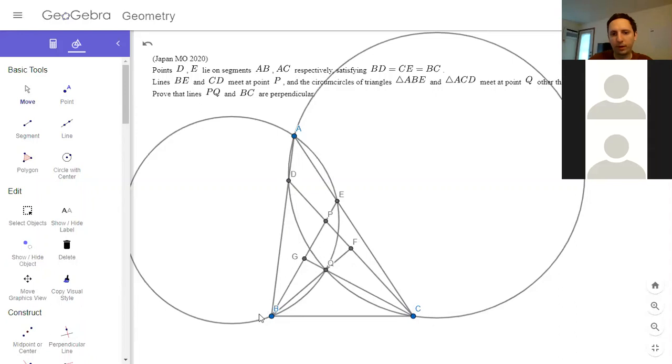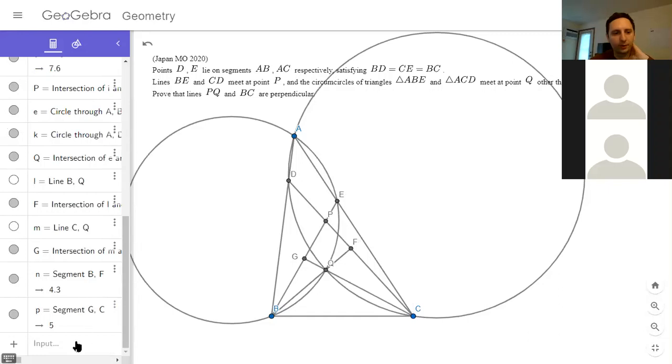So let's see, we want to show F is the midpoint of CD because BDC is isosceles. Is it? That's interesting. F is the midpoint of CD and G is the midpoint of BE. So that means BF has to pass through the center.